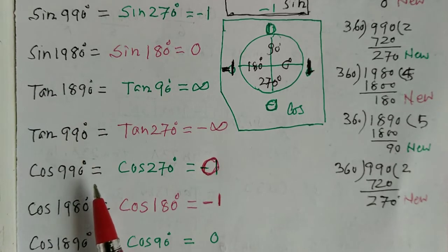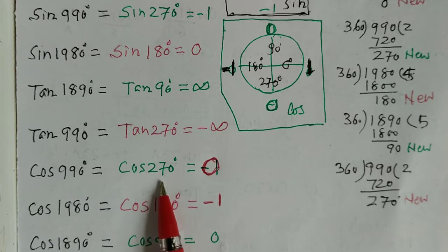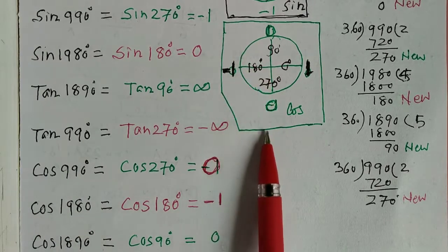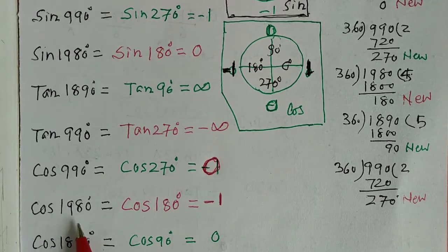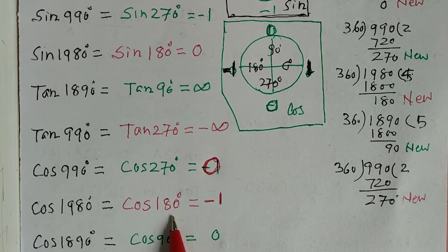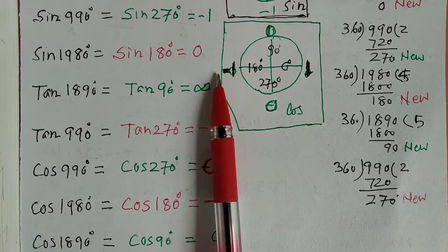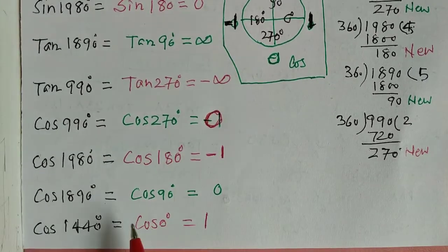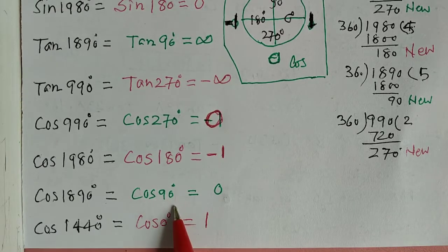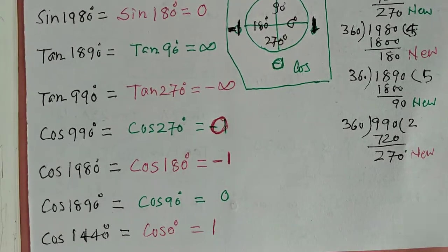Likewise cos 990 degree, same angle, same remainder, and cos 270 degree, cos 90 is 0, so cos 270 is also 0. 1980 divided by 360, 180 degree remainder, cos 180 degree is minus 1, cos 0 is 1, and 180 degree is reverse, minus 1. Likewise cos 1890 divided by 360 gets remainder 90, this is cos 90 which is 0 here. Likewise we can find this.